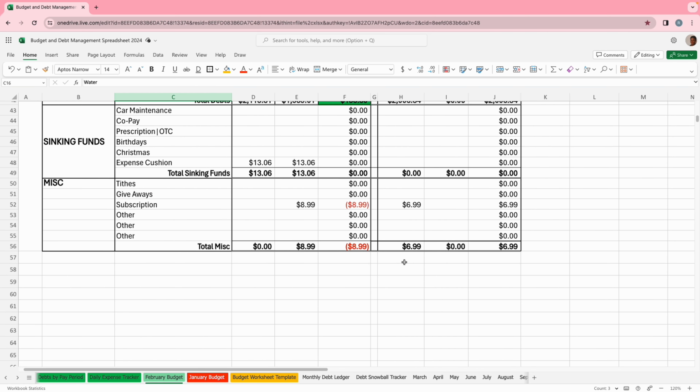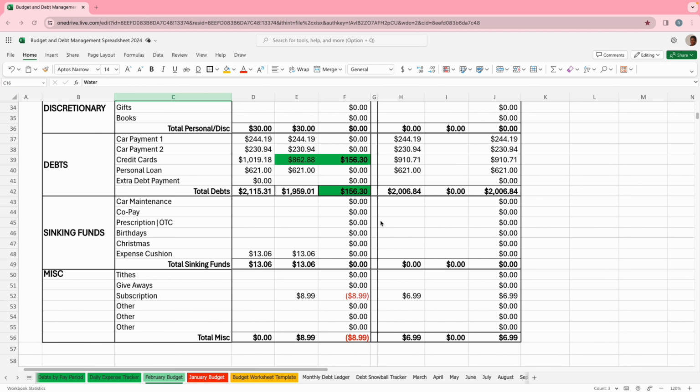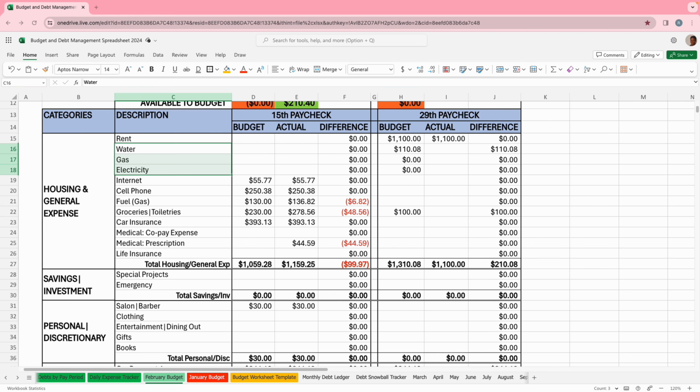February wasn't the kindest, but the most important thing is knowing where you want to be at the end of this budgeting journey. Sticking to the journey and ensuring that you at least make a payment on all your bills. If you can't make a payment, negotiate. Don't just leave it, not reaching out to them.